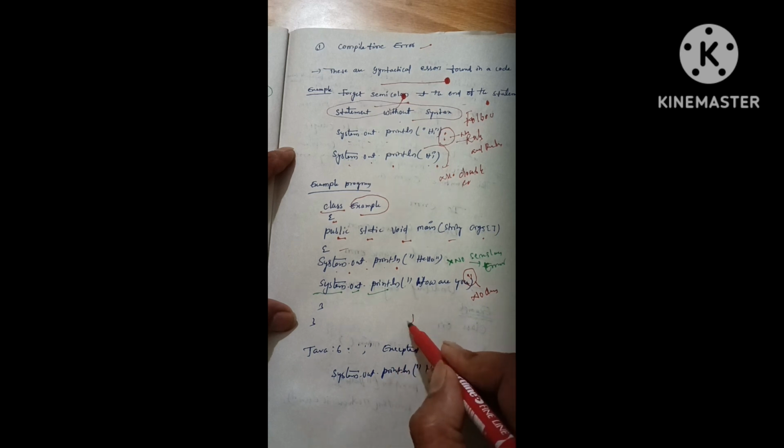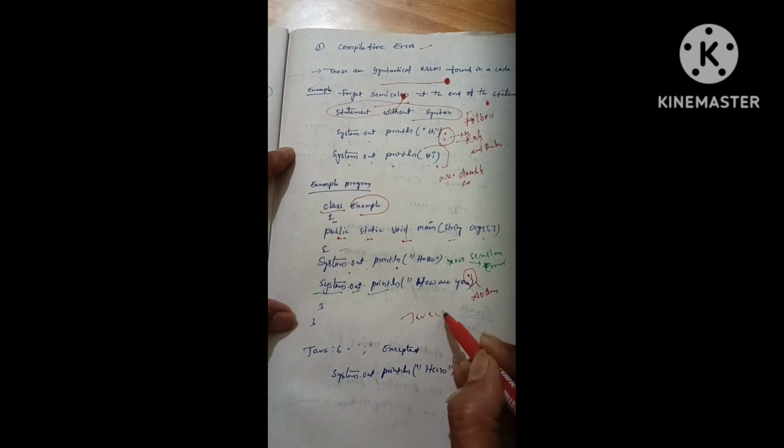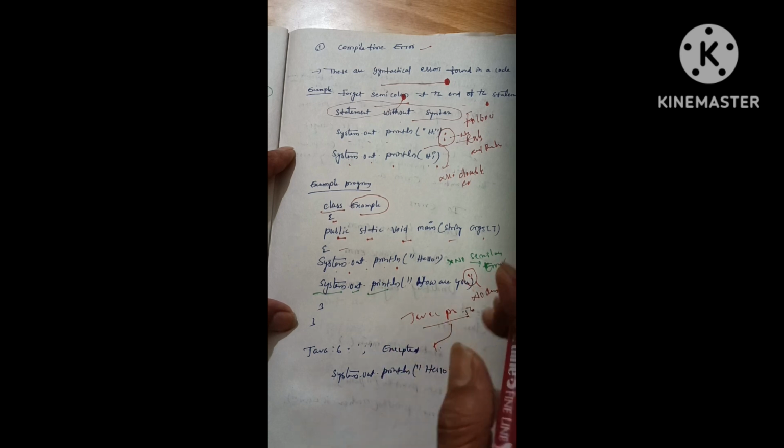When we compile with javac and the program name dot java, the compiler shows errors like the missing semicolon in System.out.println. This is a compile time error.